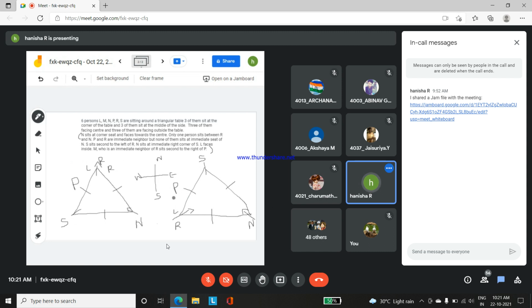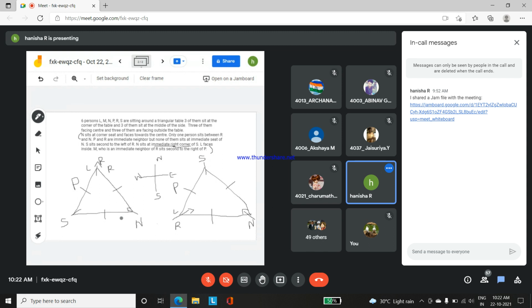Now, N sits at the immediate right corner of S. So here you need to note N sits at the immediate right corner. They are saying N is sitting at the immediate right corner of S. So S's immediate right corner would be this. So you already have N here. Now they say immediate right corner.